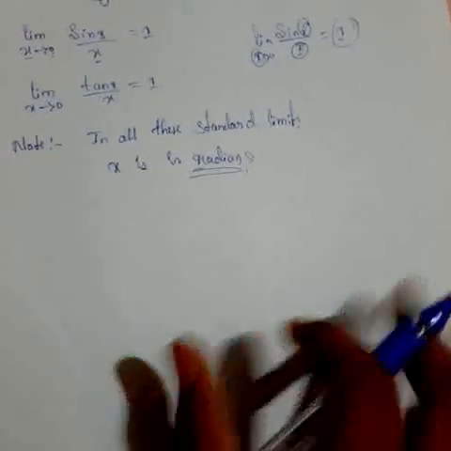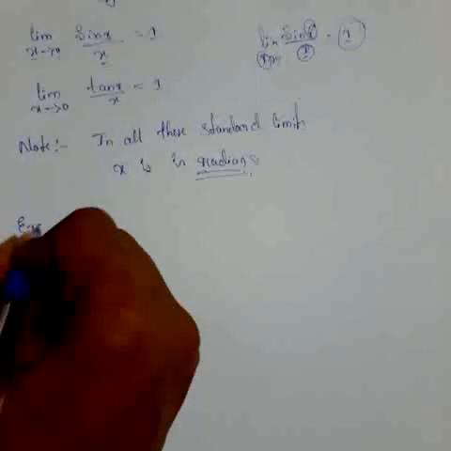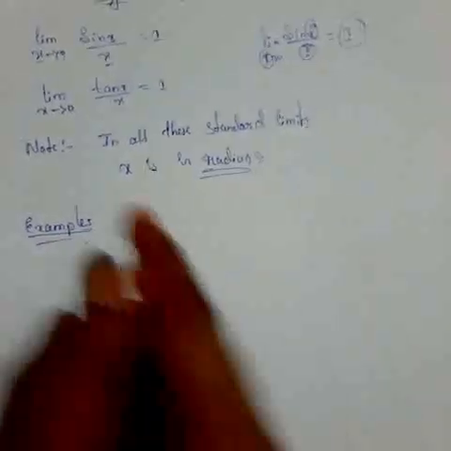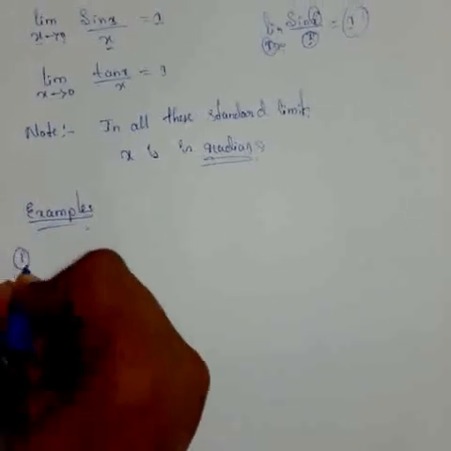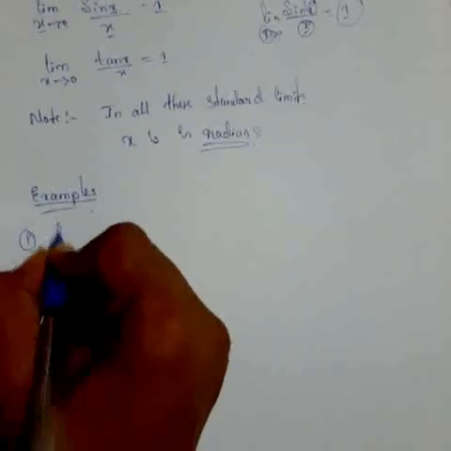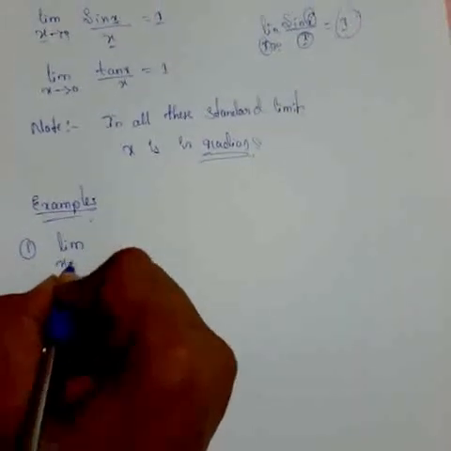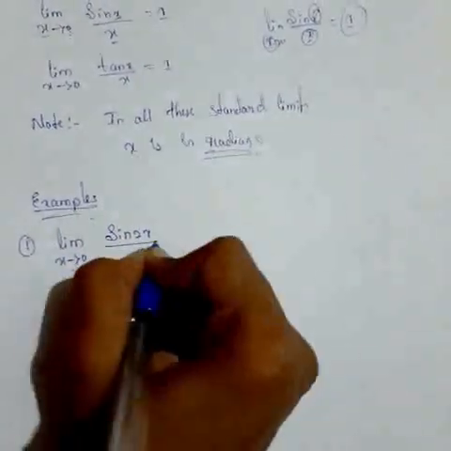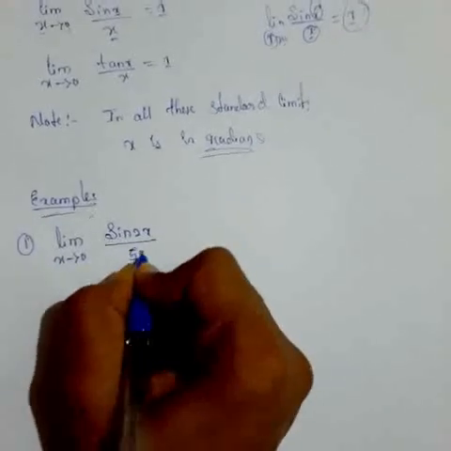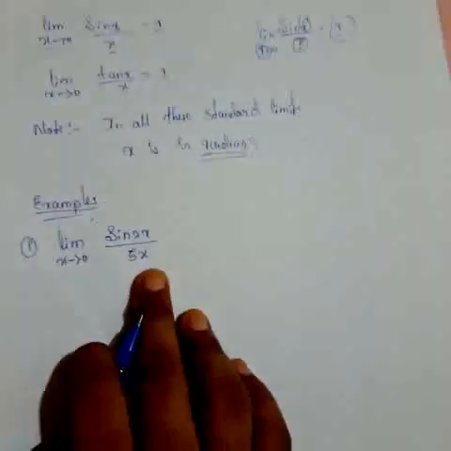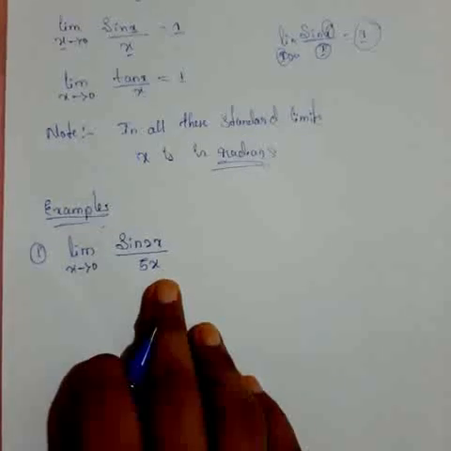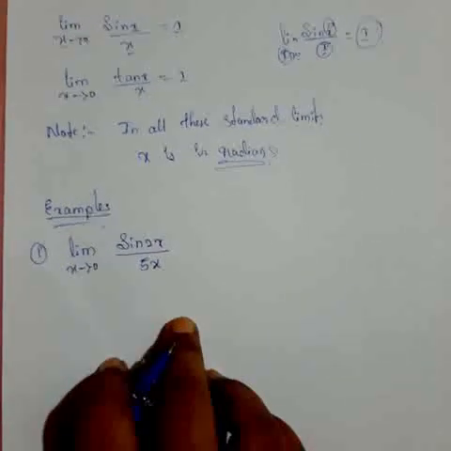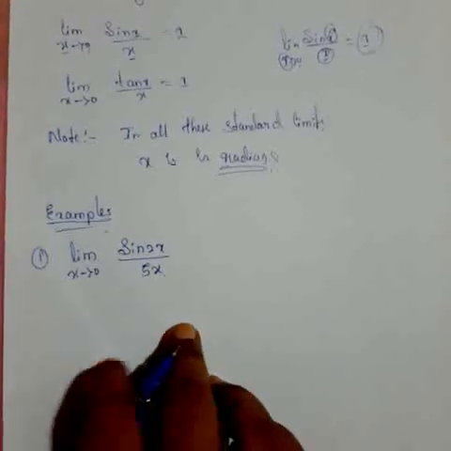Now let us move further to examples of trigonometric limits. The first one: limit x tending to 0, sin 2x divided by 5x. How do we calculate the limit of such a function?